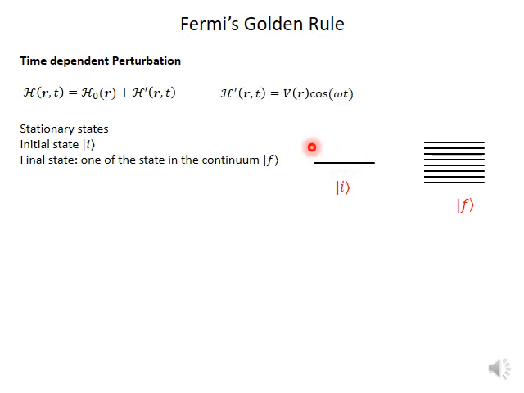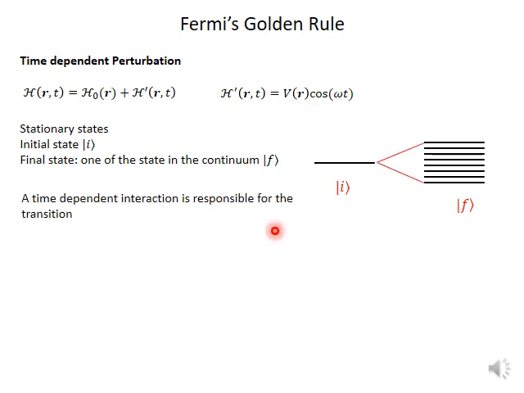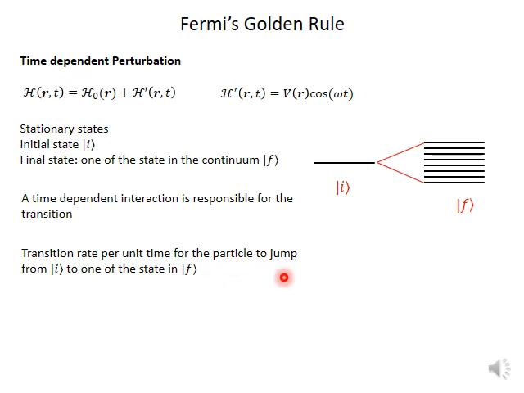But if you have something with a time dependence in your problem, for example a sinusoidal potential, then you can have time-dependent interactions between these states such that a system which is initially in one state can transfer to another state. So the next question is, what is the transition rate of this jump from one set of stationary states to another set of stationary states?